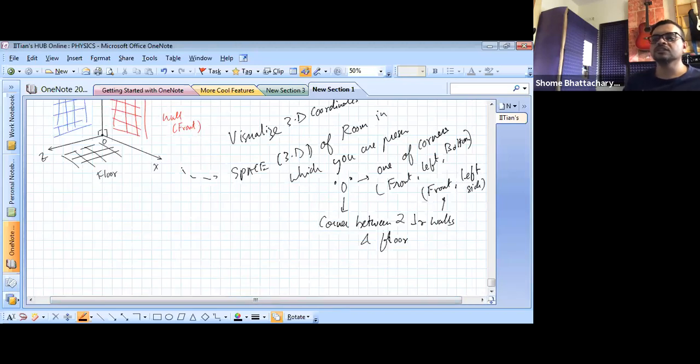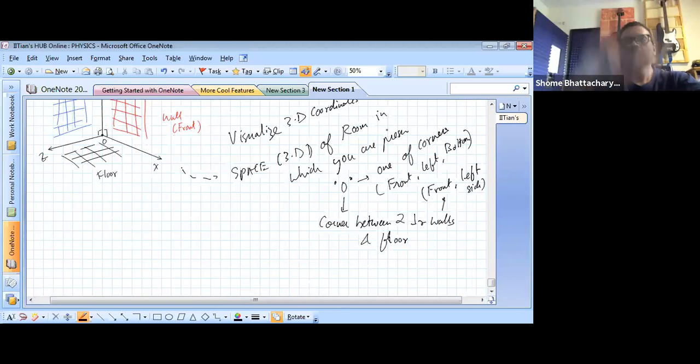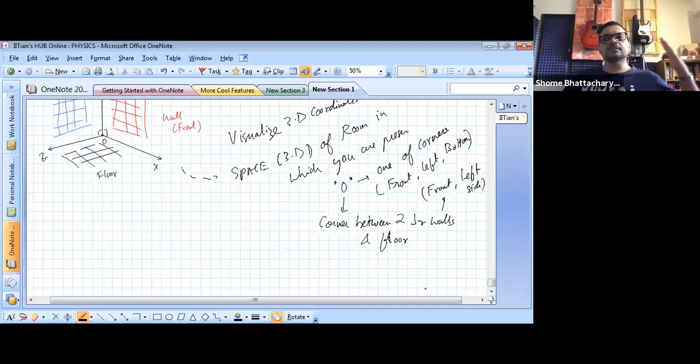So you see a wall to the left side of you, right? So you are seeing a wall to your left side like this. Yeah, so to your left side, you are seeing a wall like this to your left side, and you are seeing a wall in front of you, right in front of you. So these two walls and the floor intersect here.